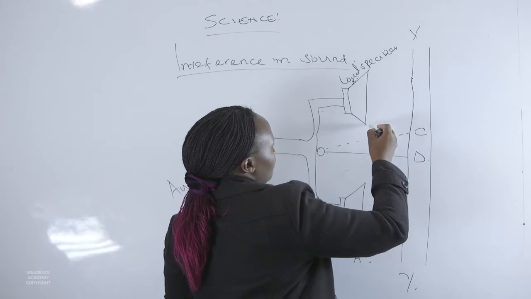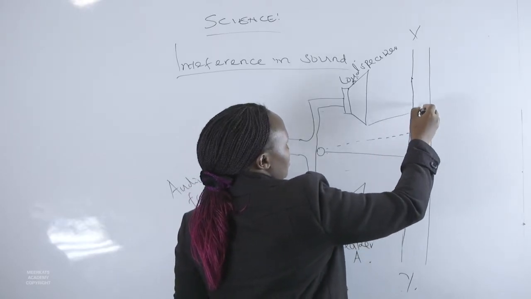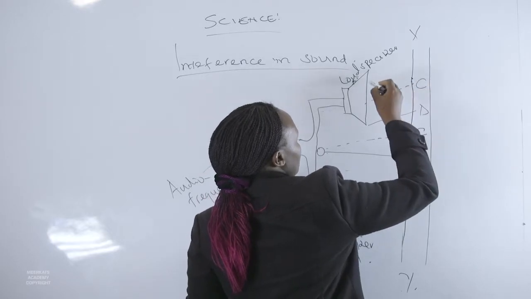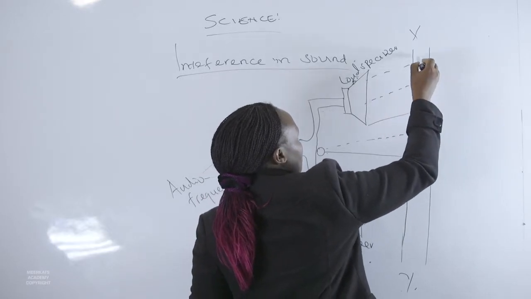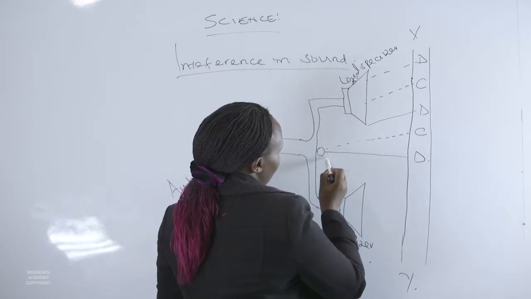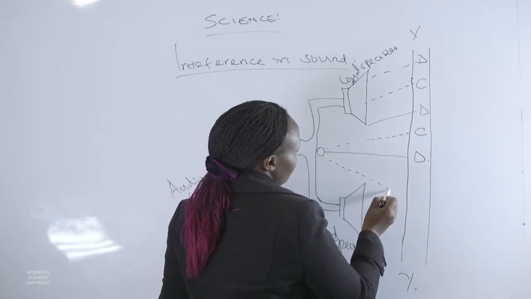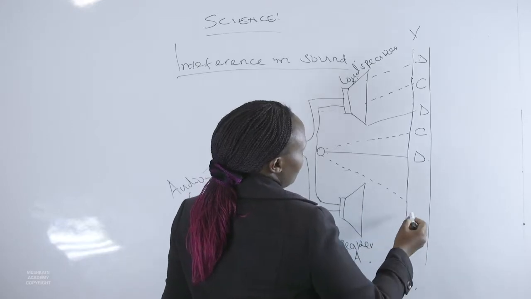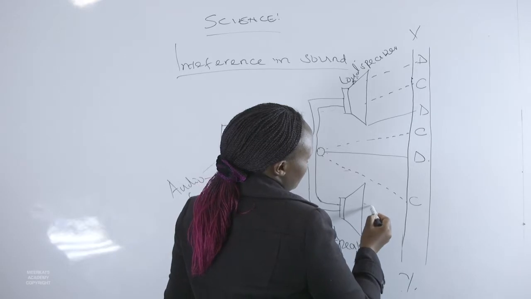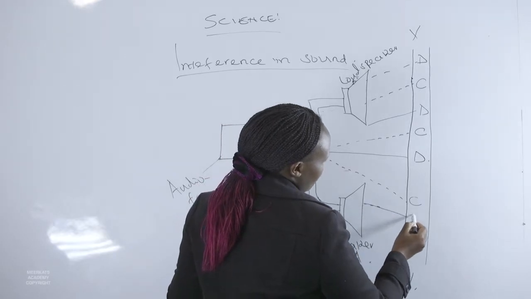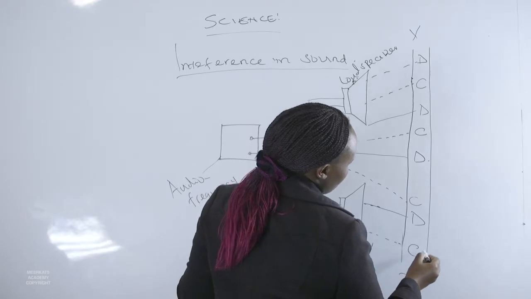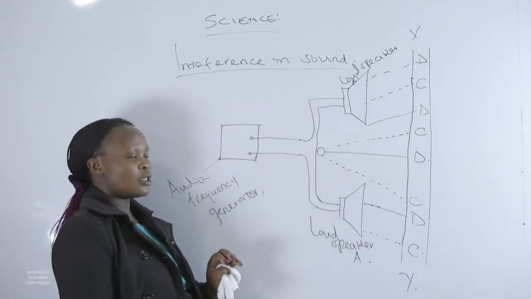Again, you will have another loud sound, a soft one, and again you will have a loud sound. Again here you will have a soft sound, a point of loud sound, and alternating with soft sound.